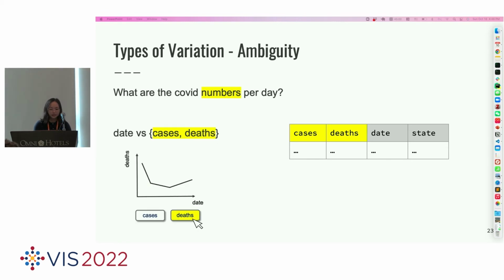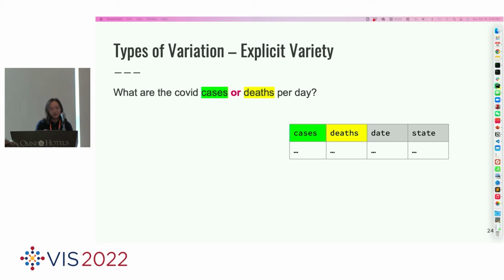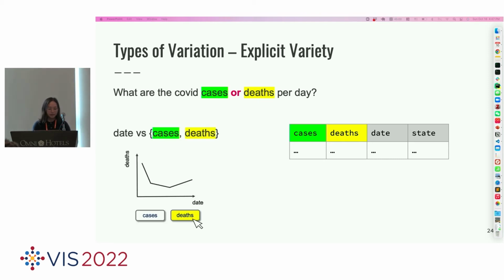And the interface would use a button to switch between them. And if the question changes a little bit to what are the COVID cases or deaths per day, these queries would express an OR explicitly, which is explicit varieties. And here, the representation and the interface would be the same as before.